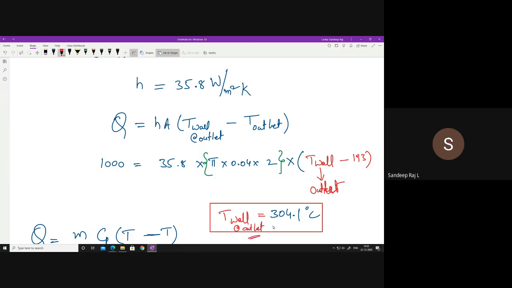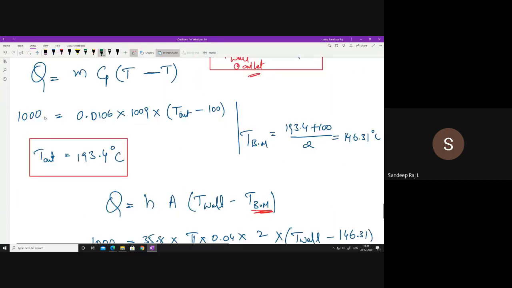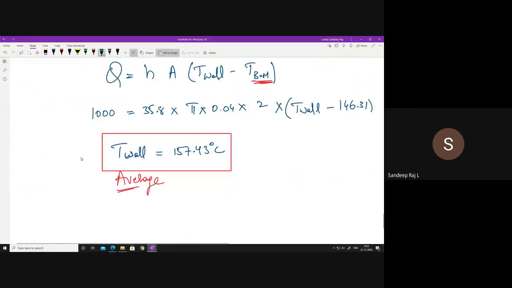Is it clear? Any doubts? So this is actually B in the question. This is C in the question. This is the extra thing that we have done, which is not asked in the question. Most of the times, this is asked in the question.